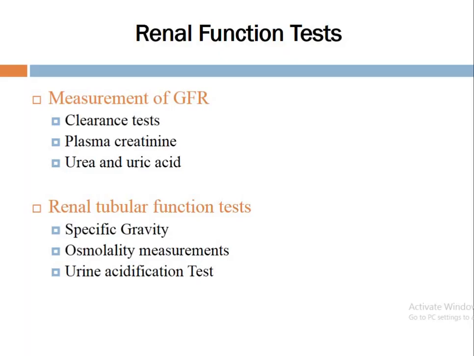Now, coming to the different renal function tests that can be measured. As you know, the nephrons are doing the filtration of the blood, and how much filtration there is is known by the glomerular filtration rate, which is very, very important.